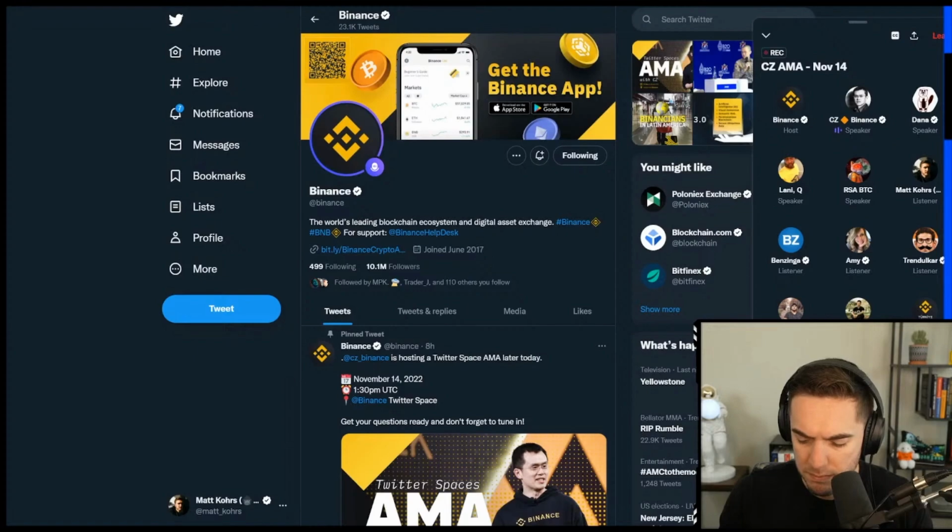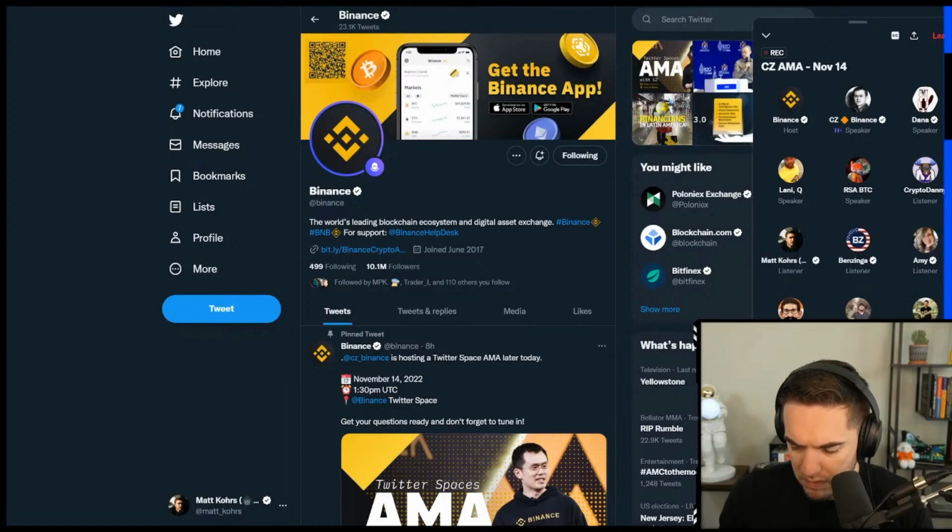The first order of cascading ones, Three Arrows, is like a $4 or $5 billion fund. And then the third layer is Celsius and Voyager, in the $500 million to $1 billion range. So each time it cascades, it's more spread out and smaller. We also saw from the price that when Luna happened, it was a big drop.